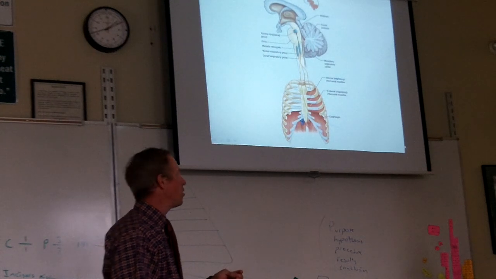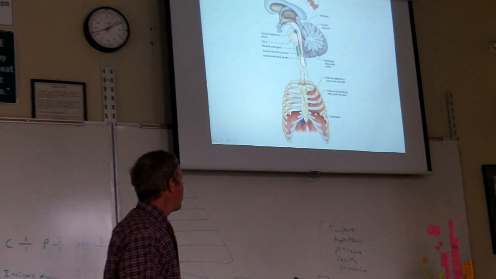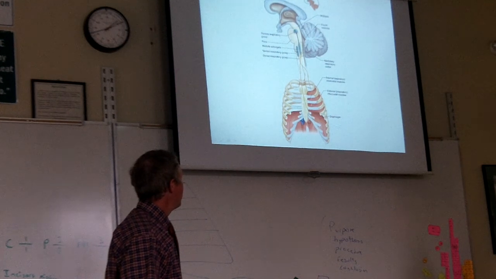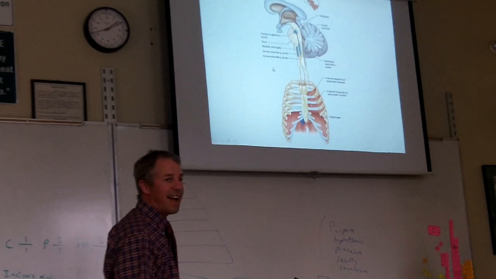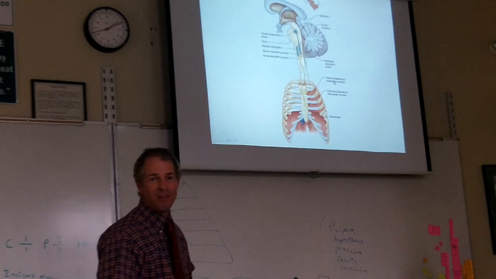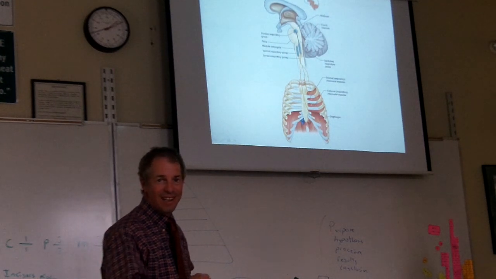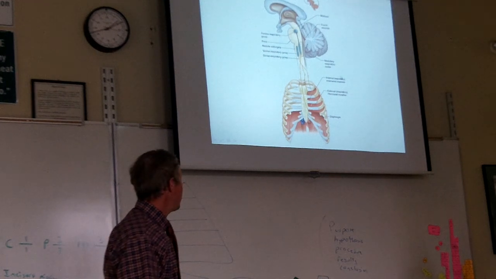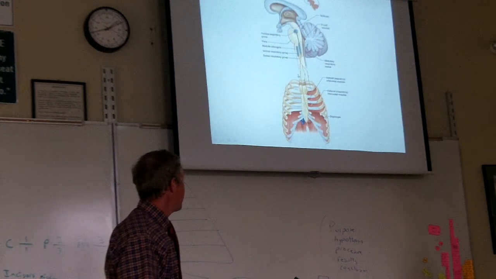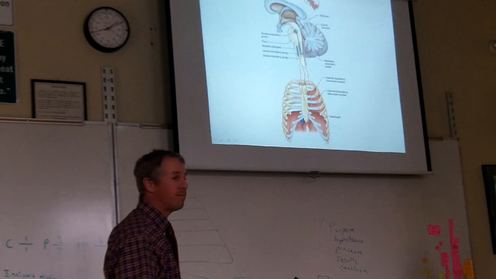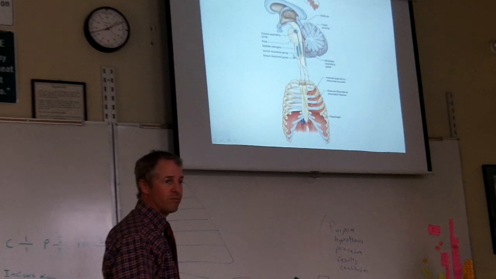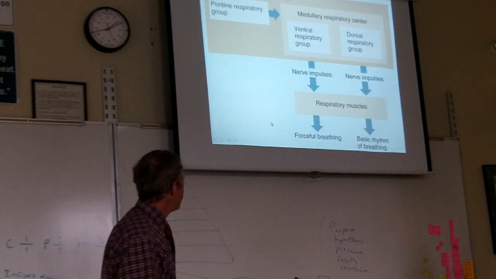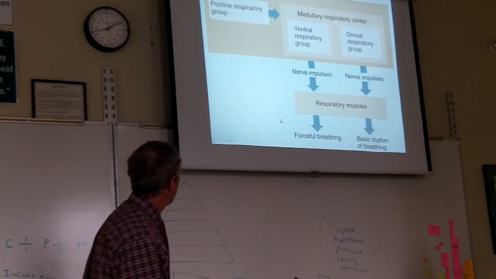The dorsal respiratory group controls normal breathing that the diaphragm does. I always remember dorsal, diaphragm. They both start with D. The diaphragm is your normal breathing muscle. The pons also helps out with that dorsal respiratory group. Exciting, isn't it? So there we go.